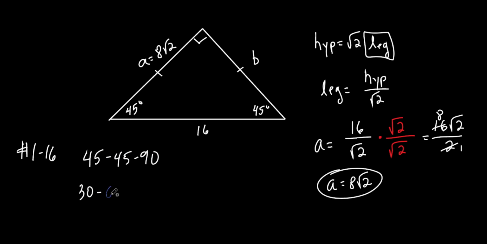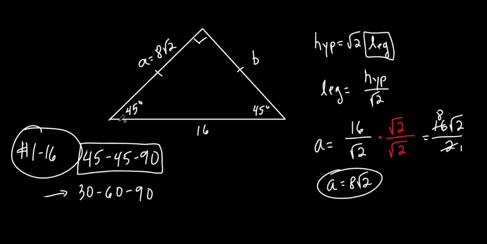Watch. 30, 60, 90 triangles, okay? So if you see any 30, 60, 90s in here, don't worry about it. Don't do them. Just do the ones that are 45, 45, 90. I'm not sure exactly which ones in 1 to 16 are these. I don't know if all of them or half of them or what, but just do the ones that deal with 45, 45, 90 triangles. Okay.